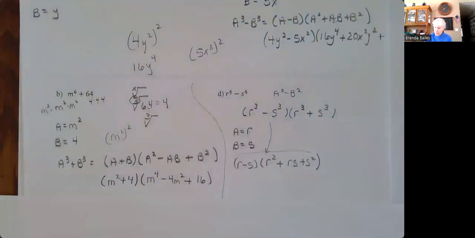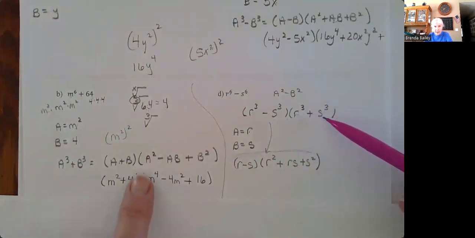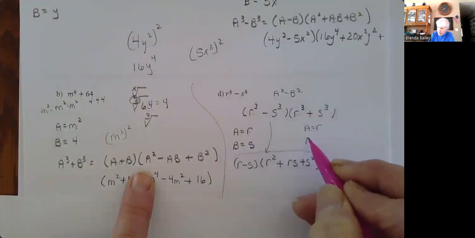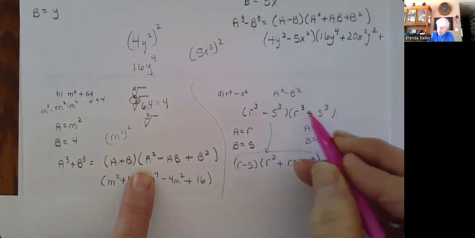Times, and we're going to use the sum of 2 cubes, which is right here for this one, where A is R and B is S. That's what you're cubing to get those.